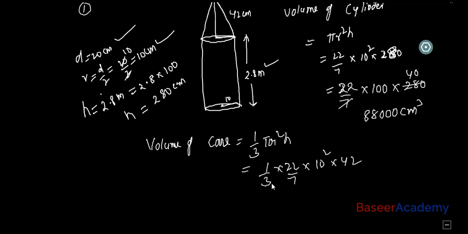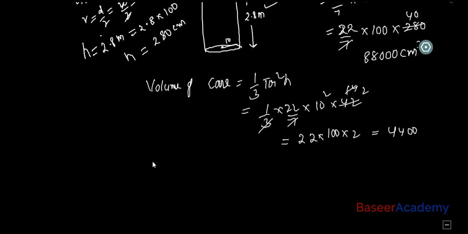So 3 1s 3, 3 4s 12, 7 1s 7, 7 2s 14. 22 into 10 square is 100 into 2. 22 into 2 is 44. 44 into 100 is 4400.